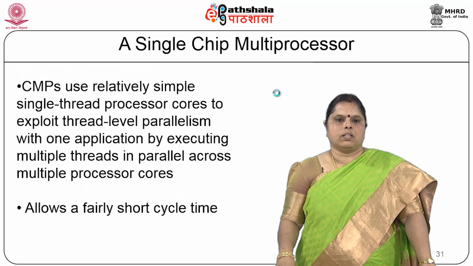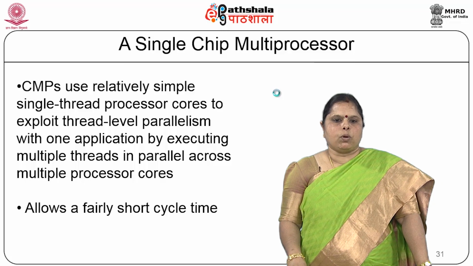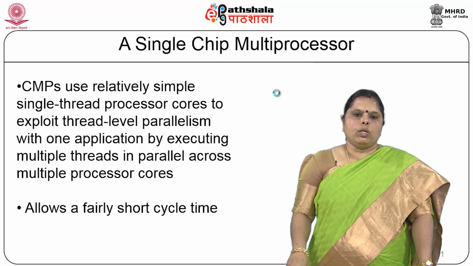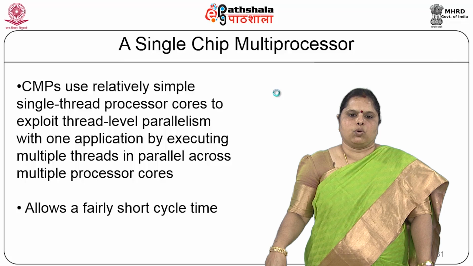and synchronization. And CMPs use relatively simple single-threaded processor cores in order to exploit thread-level parallelism with one application by executing multiple threads in parallel across the multiple processor cores.